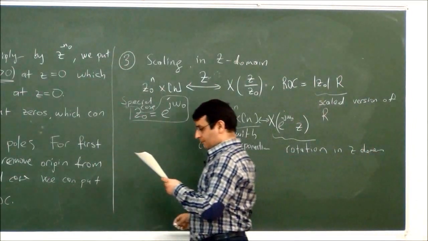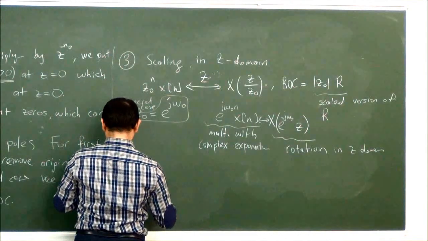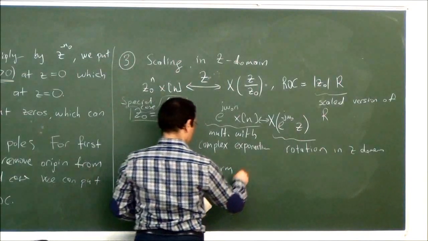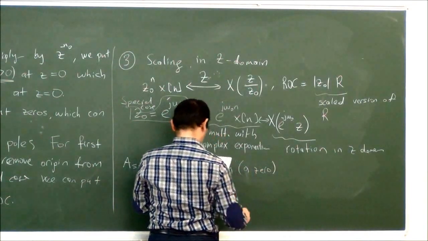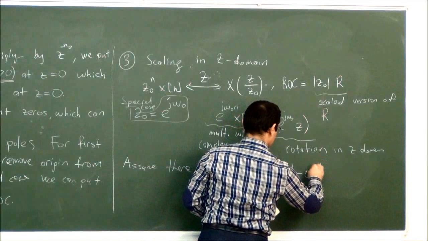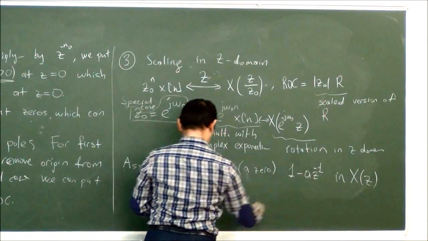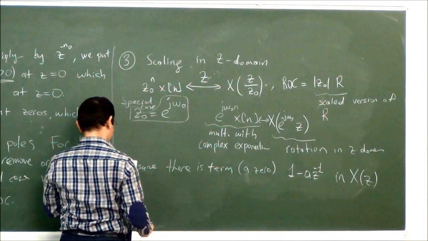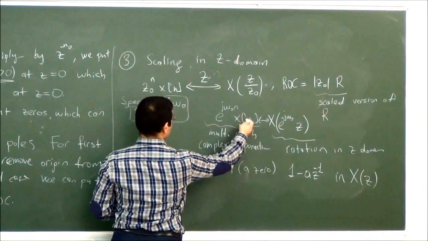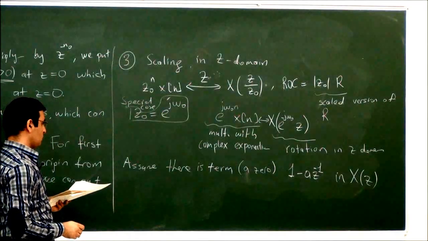What do you mean by this? Let's assume there is a term, let's say X of z is this, and you multiply the time sequence, the inverse sequence of this, with this complex exponential. In this case, what about in the z domain?